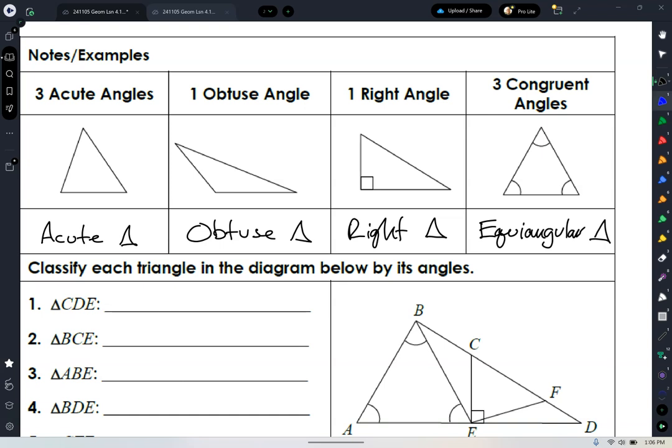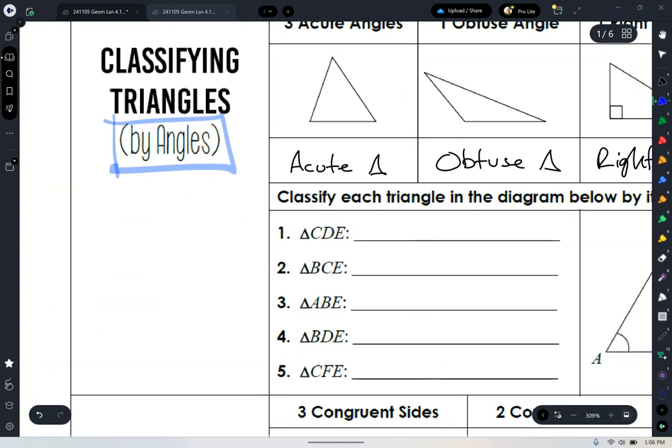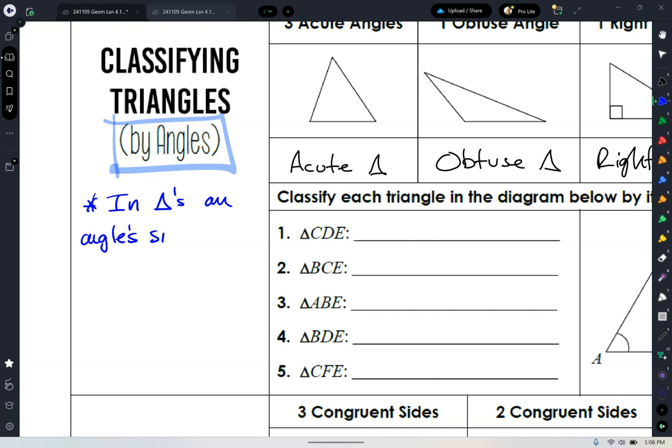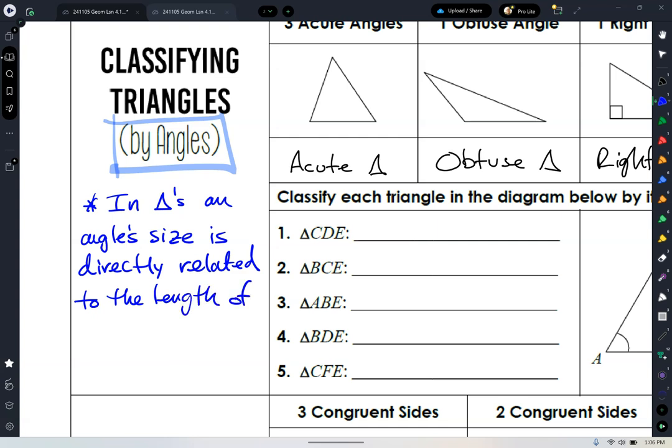Okay, now let's jot some notes right down over here underneath this word angles. And let's say this. So in triangles, an angle's size is directly related to the length of its opposite side.